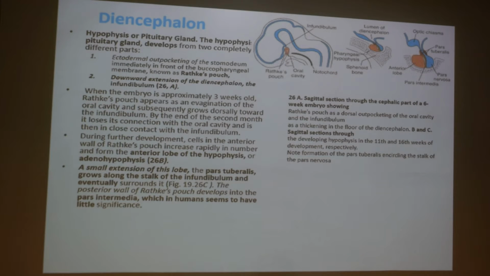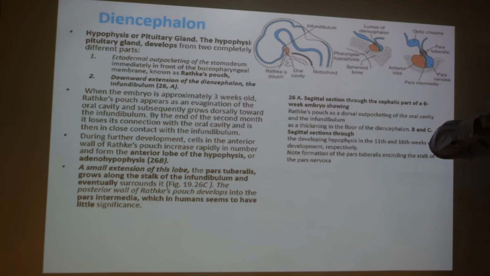Okay, next is, from the diencephalon we also have the formation of the pituitary, and we also have the formation of the pituitary stalk. So hypophysis is also going to come out from the diencephalon, but there are two parts of it. All of you know that there is an anterior pituitary and there is a posterior pituitary.